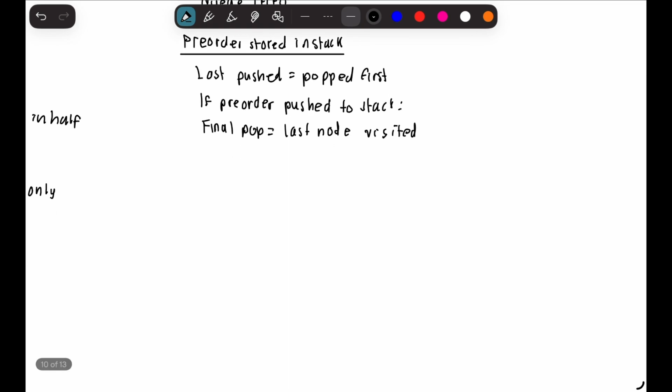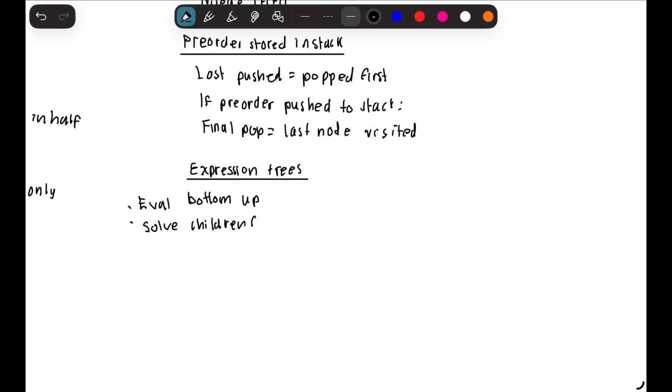In addition, you have to be able to solve some expression trees. The key for these is that you're going to have to evaluate them from the bottom up. You always solve the children first, and then you apply the operator.